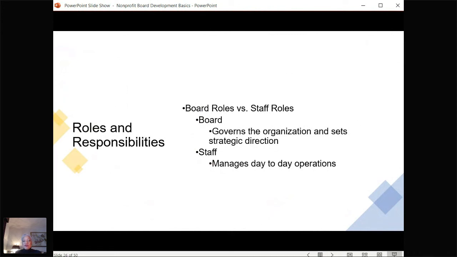The board governs the organization, sets strategic direction and policy, and the staff carries out those directives by the board. So they manage the day-to-day operations. So that's managing the budget, managing people, and shepherding fundraising proposals and all that other stuff.